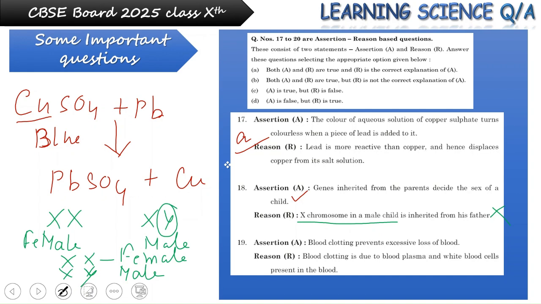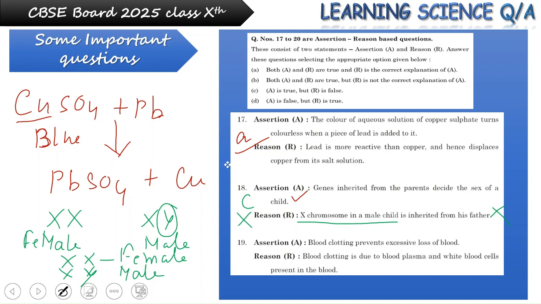So, in a male, if Y is coming, then it must come from the male parent. X chromosome in male child is always and always coming from the mother. So the reason is wrong here, assertion is right. We have A is true but R is false.